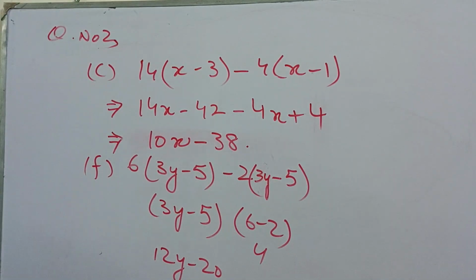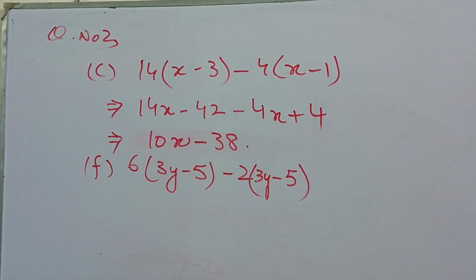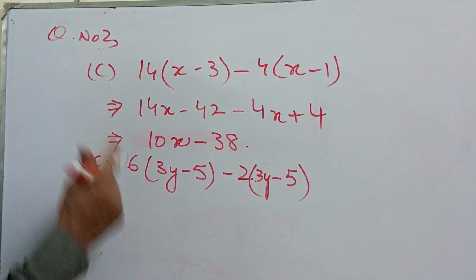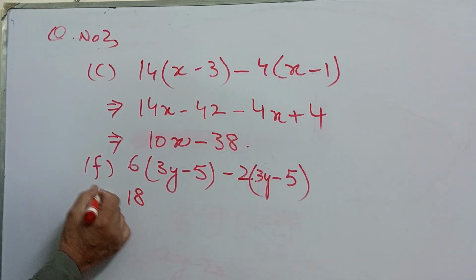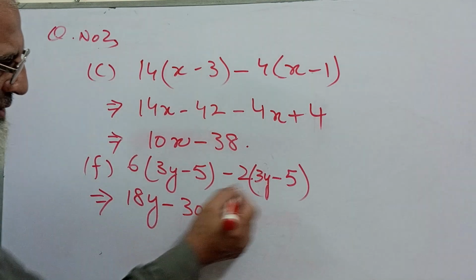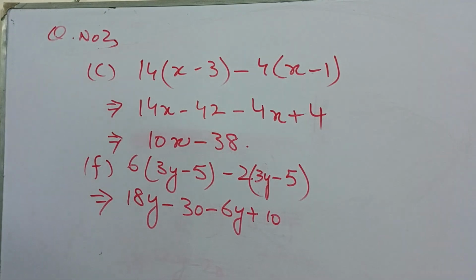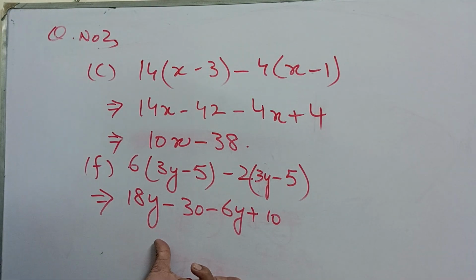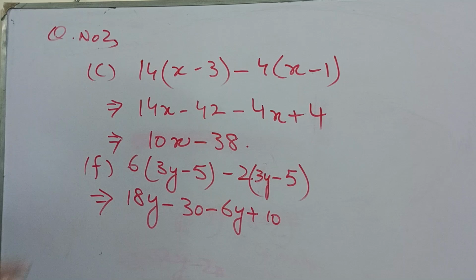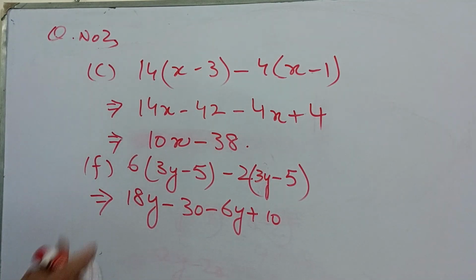But the alternate and the right method is to just multiply as before: 18y minus 30 minus 6y plus 10. Again, quantities with the same variables, and constants, are separated.